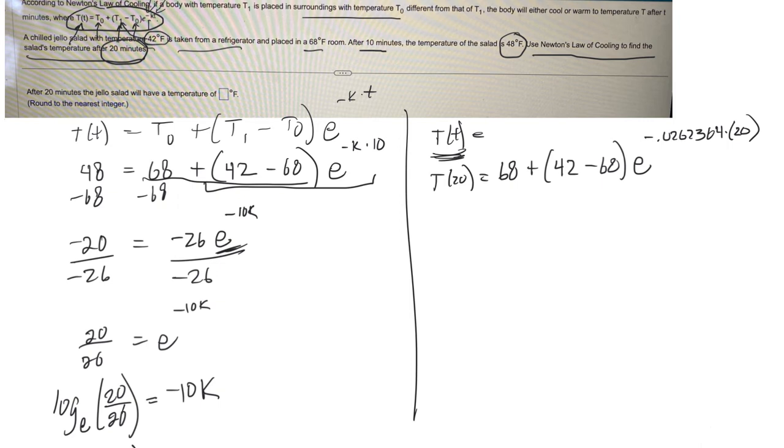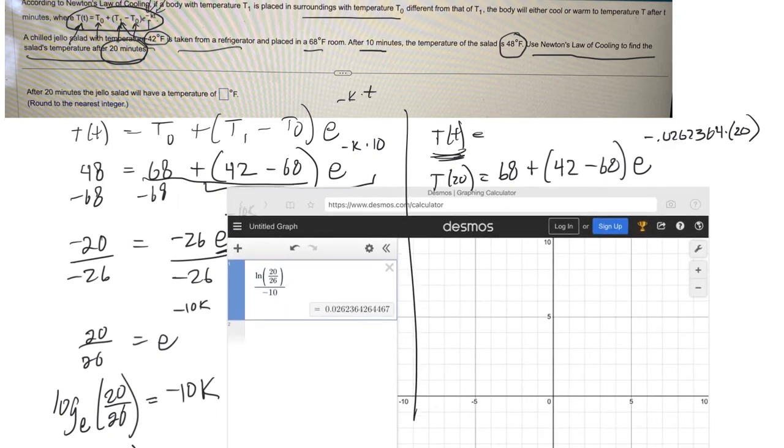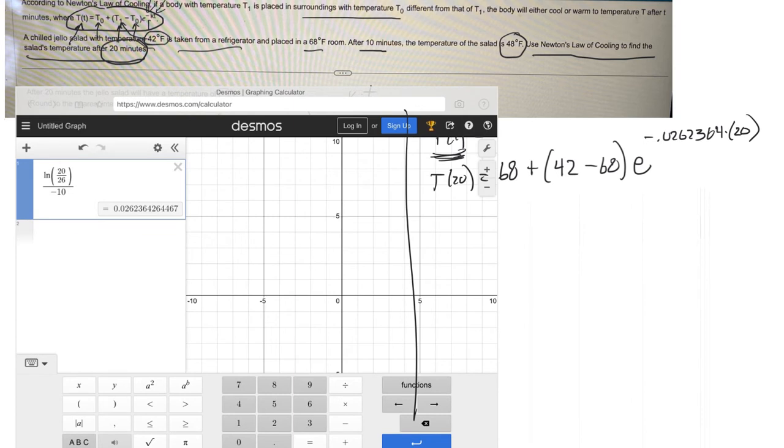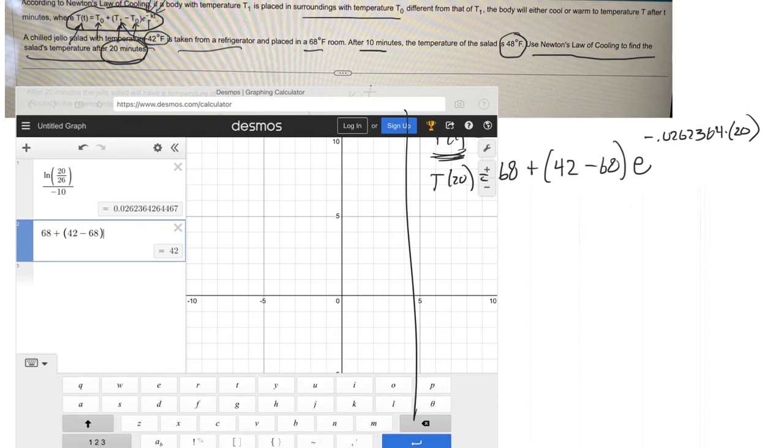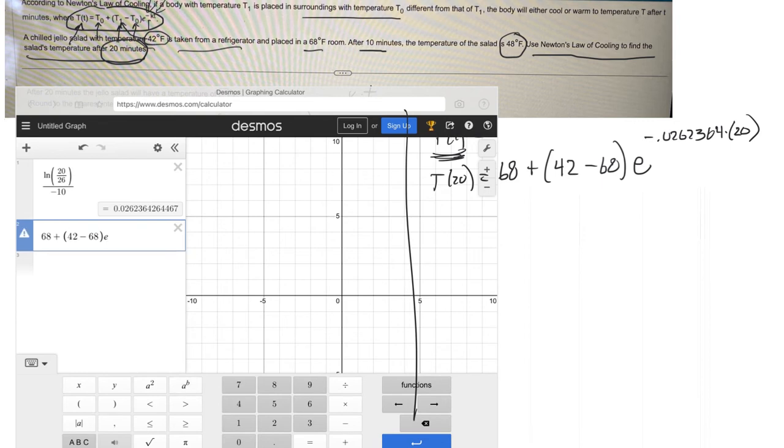There we go. And now I can just plug that into decimals. Let's do that. Okay, hopefully this will work. All right, so 68 plus bracket 42 minus 68 bracket, e to the, in brackets, negative 0.0262364 times 20, bracket.